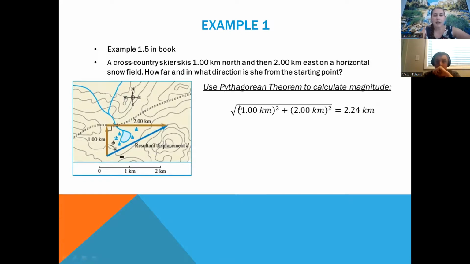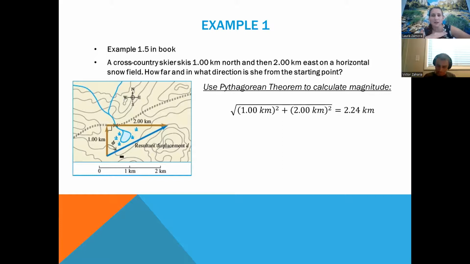So we're going to use the Pythagorean theorem to calculate the magnitude, or how far she is from the starting point. So remember, we take those components of our vectors, and in this case, it's nice and simple because our initial direction north is right along that y-axis. So there's no crazy angle that we have to consider for that one. And our second direction is right along the x-axis, east.